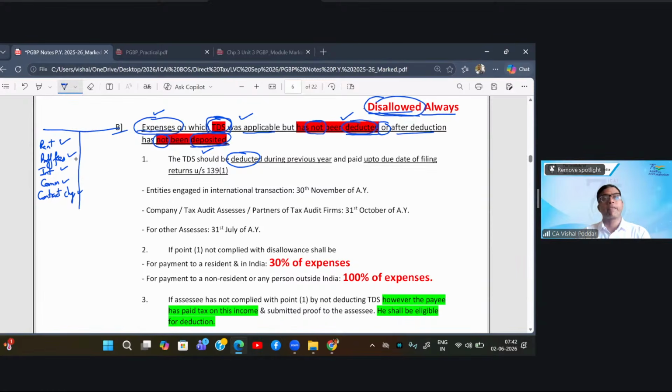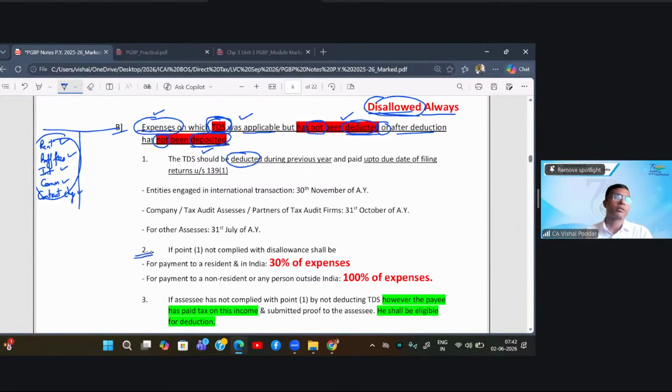Then I will disallow the expense on which you did not deduct or deposit the TDS. Now, importantly, this is the provision in simple terms. What is the restriction put? Whenever you are making payment, deduct the tax, make the payment, and also deposit the tax with the government. If you fail to do this, then we will disallow your expense.